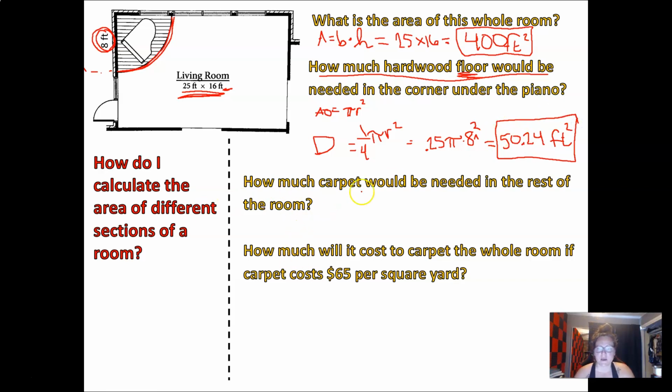Okay. How much carpet would be needed in the rest of the room? So that means I'm taking my whole living room and I want to carpet everywhere else except where there's that hardwood under the piano. So I'm going to take the whole room, which I found to be 400, and I'm going to take away the area with the hardwood, and then I'm left with everything else, which is where I'm going to put my carpet.